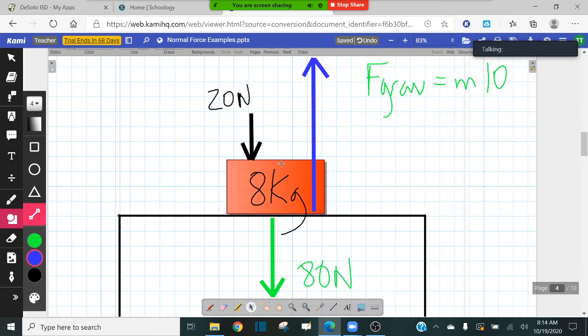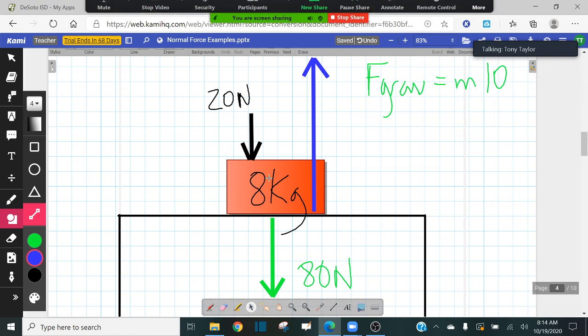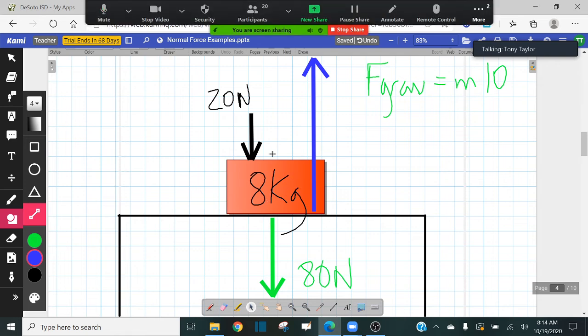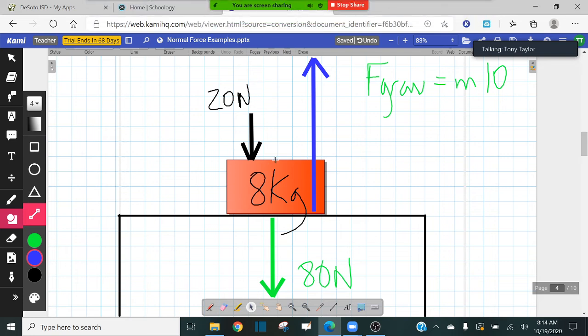So remember, guys, if the block is at rest, all the forces must be balanced. So it's not accelerating anywhere. If the forces are balanced, our down forces must balance our up forces.